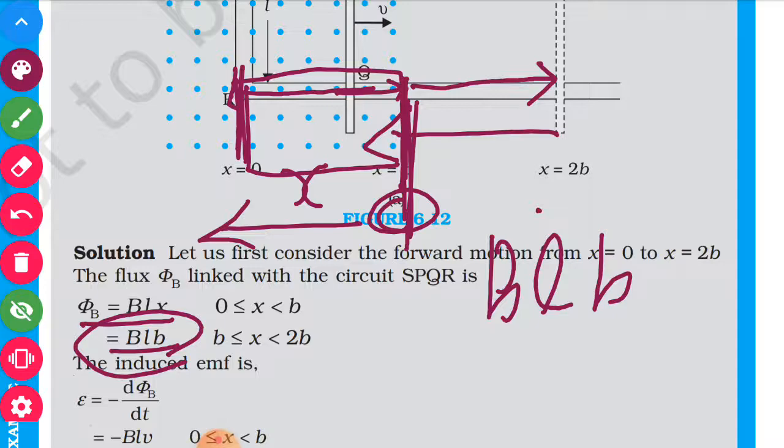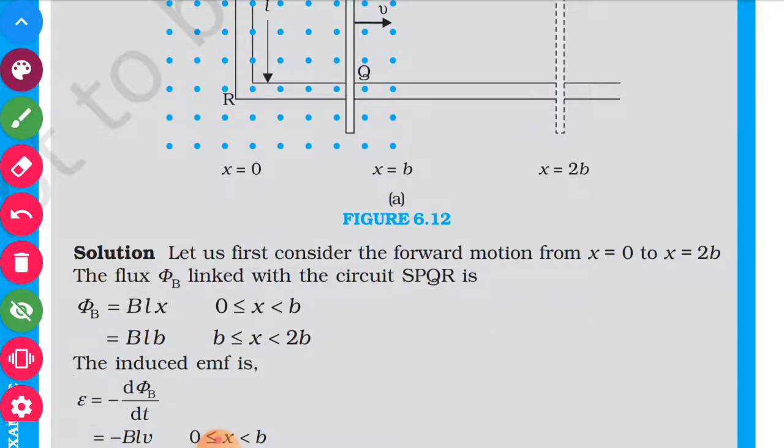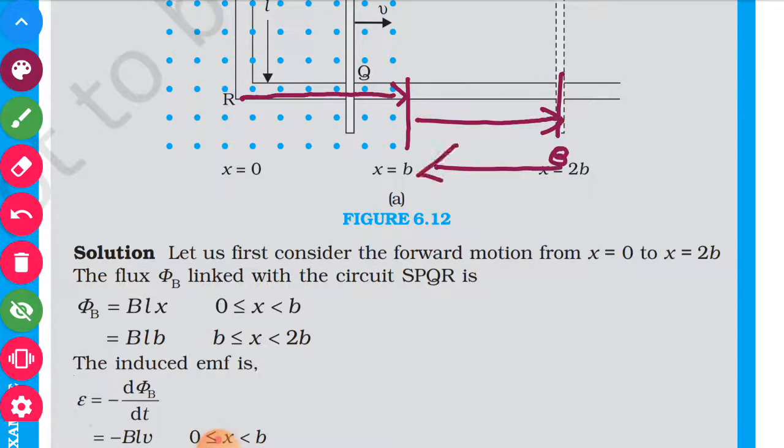Now when you cross this point and go this side, then flux decreases. So initially flux increases from this point to this point. Then from this to this, it remains constant. When you come from this point to this point, again it remains constant. And when you cross this point and come back to the original point, x is equal to 0, the flux reduces.